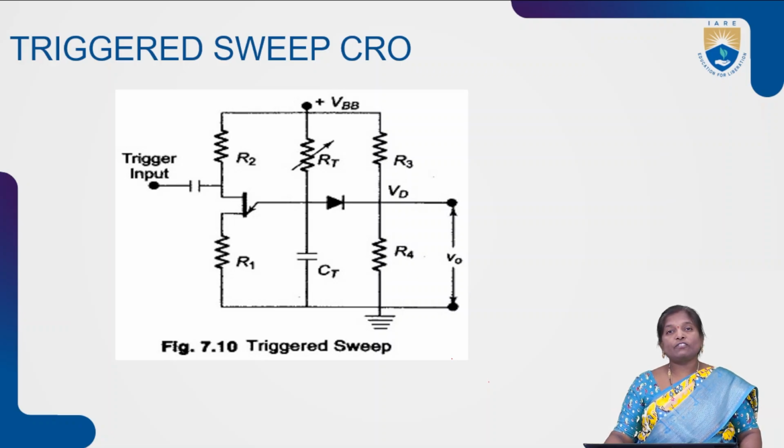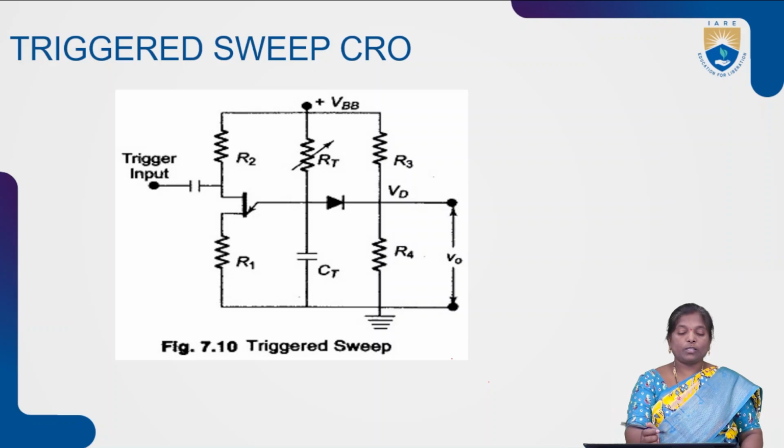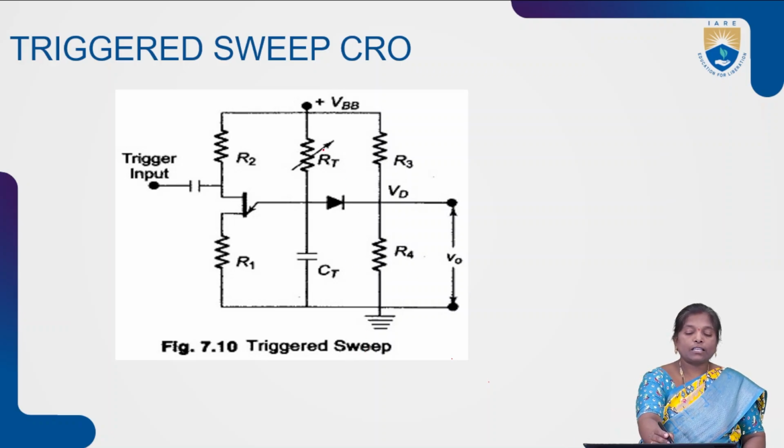In this triggered sweep CRO, we apply a triggering input. According to the triggering input, the sweep signal generator generates the sweep signal. Coming to the circuit diagram of the triggered sweep CRO, it consists of resistance RT, capacitor CT, resistances R3, R4 and a UJT.